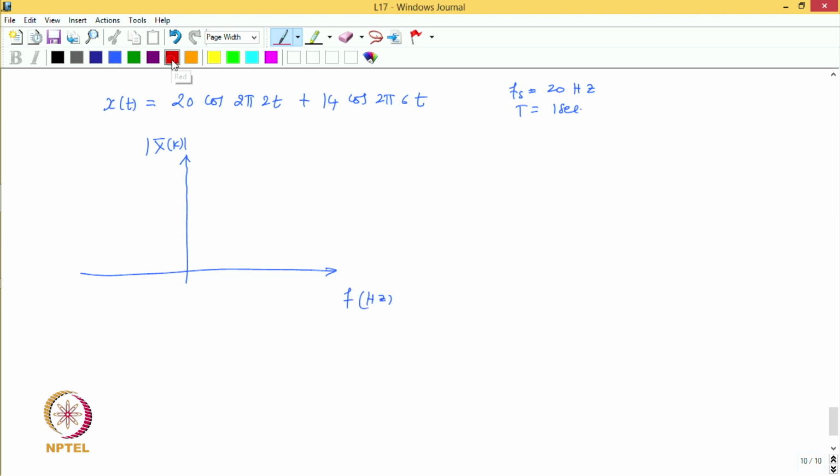This spectrum would be defined over minus 10 to plus 10 hertz, and we are going to see the positive and negative frequencies.